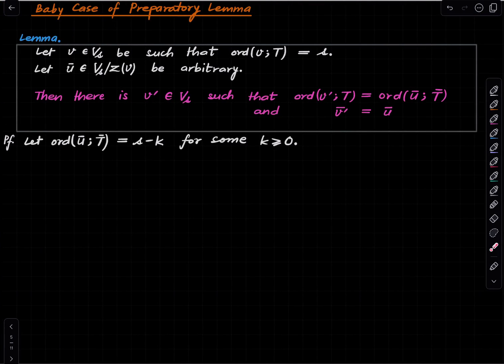All right. So let's say the order of u bar is of this form, some non-negative k. So then by definition, this thing is 0, which implies this thing is in the cyclic subspace generated by V.